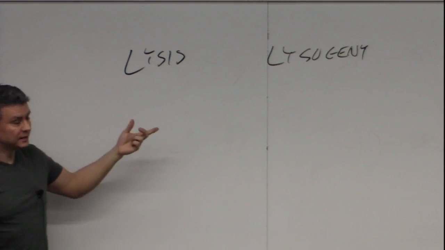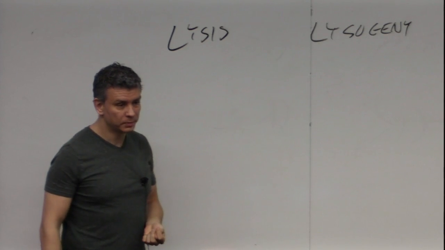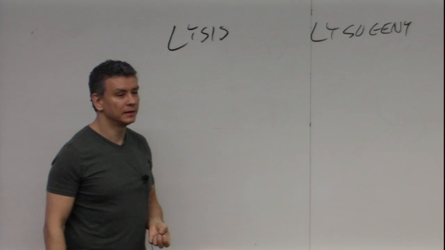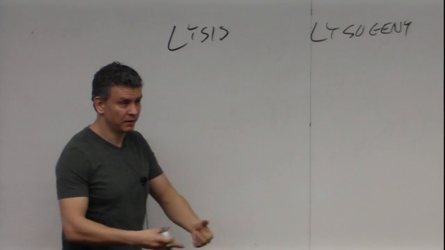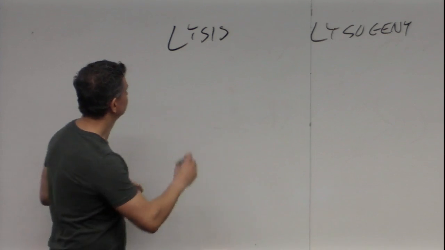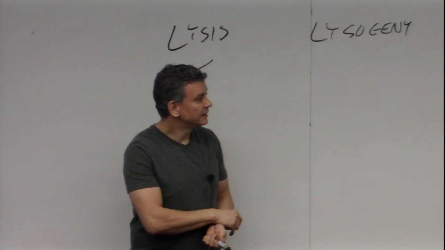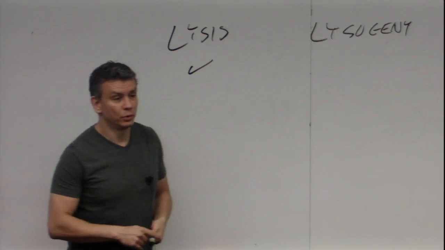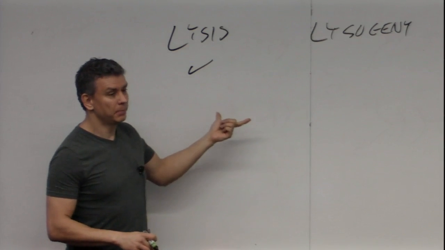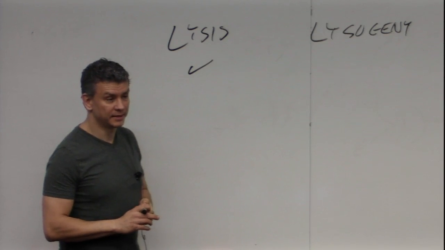So the lysis mode is when the virus decides to kill the host bacterium that it infects and make many copies of itself. The bacterium bursts open and the virus is released. That's lysis. And the circuitry is the circuitry that determines the choice. It's a choice that the virus makes. It can say, okay, make many copies of myself, and in the process, kill the bacterium.